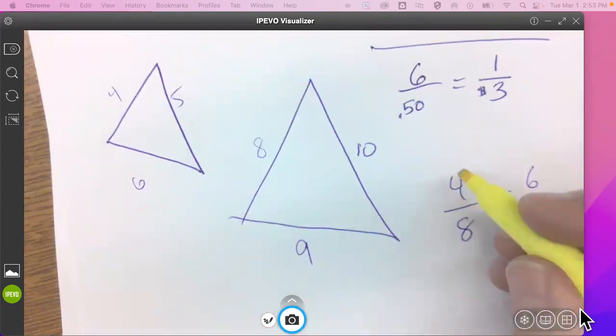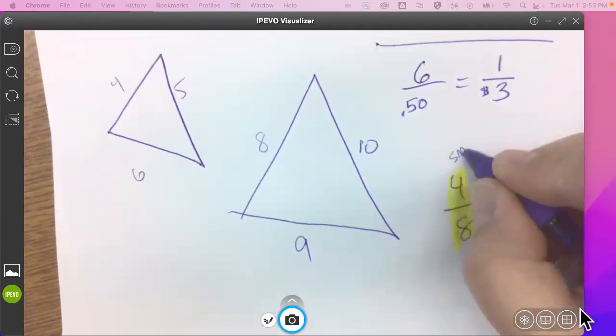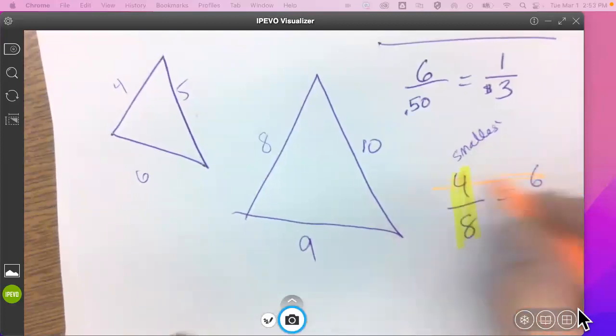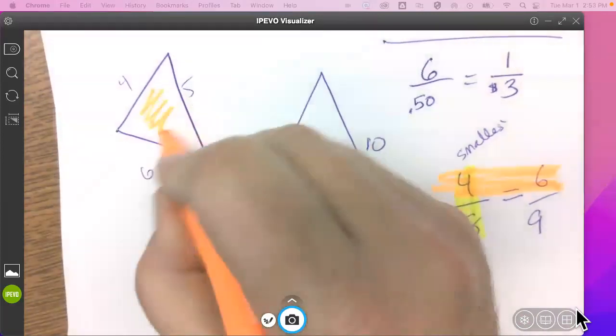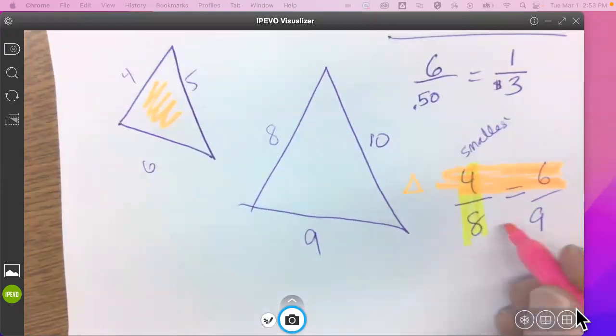What's true about 4 and 8? They're the smallest sides, aren't they? What's true about 4 and 6? They're the smallest triangle, right? What's true about 8 and 9?